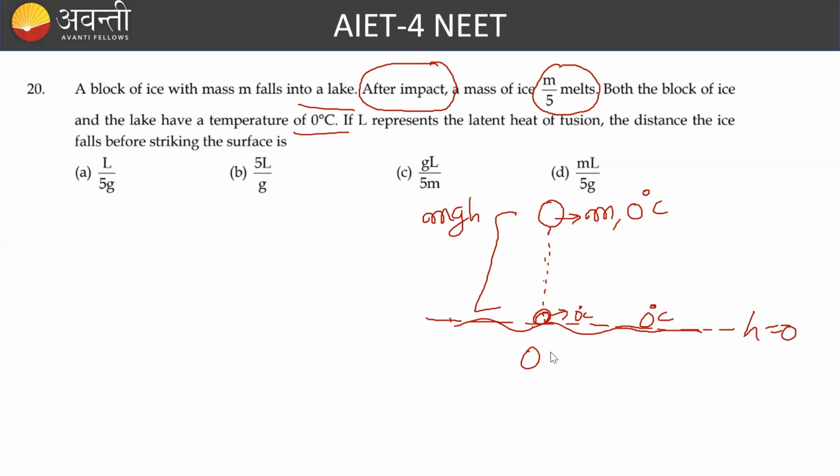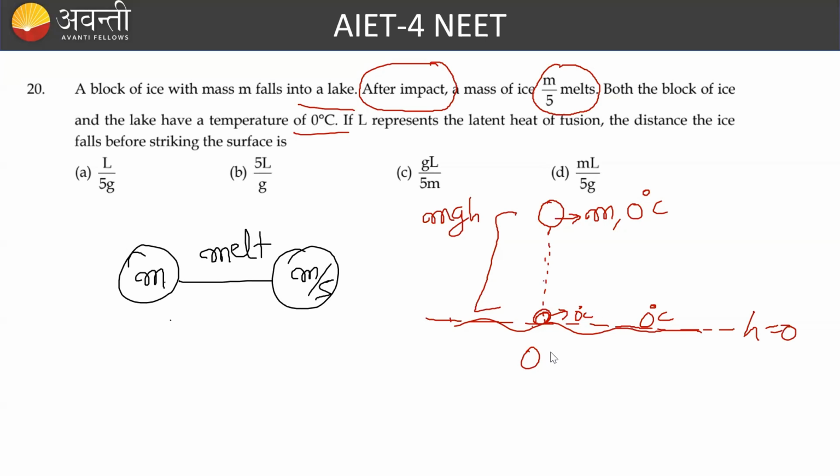So there was a mass of ice, m mass, and its m/5 part is melting. Kitna part melt hua? m/5 part is melting. It must get some energy, right? So how much energy will it receive?